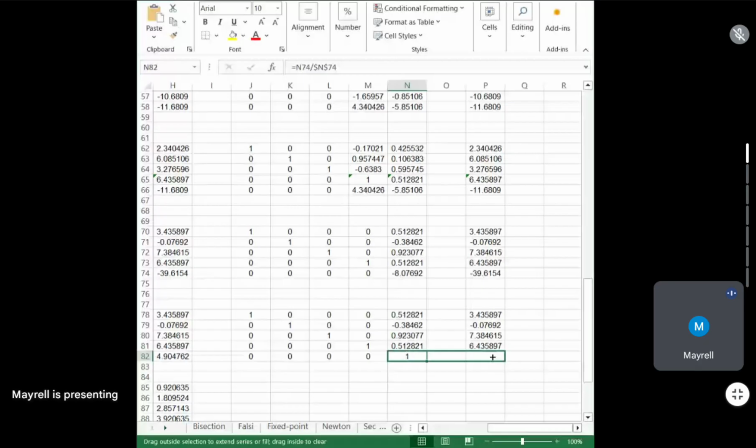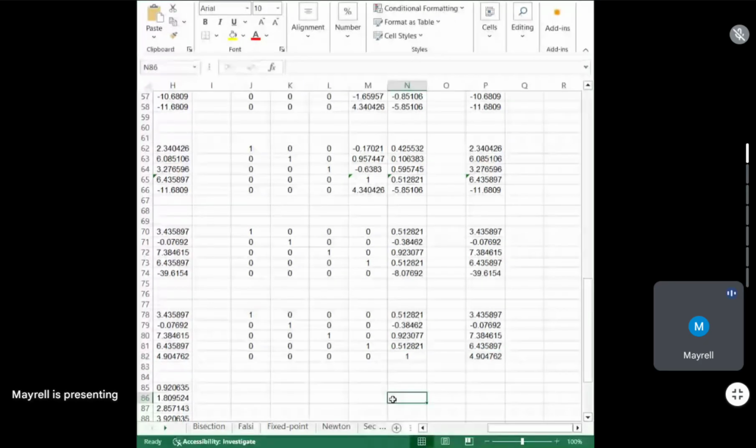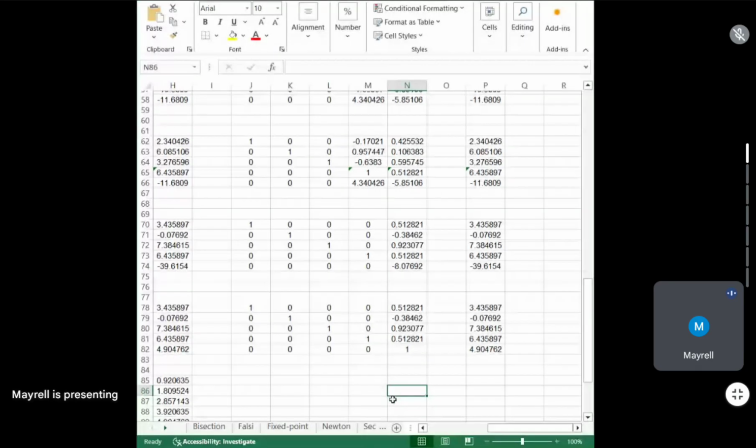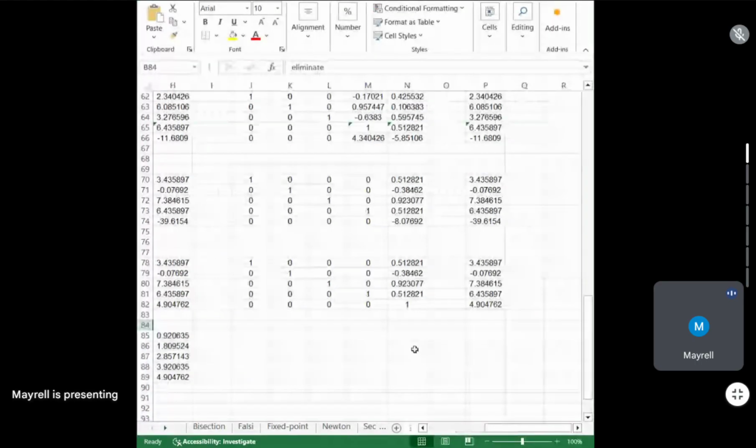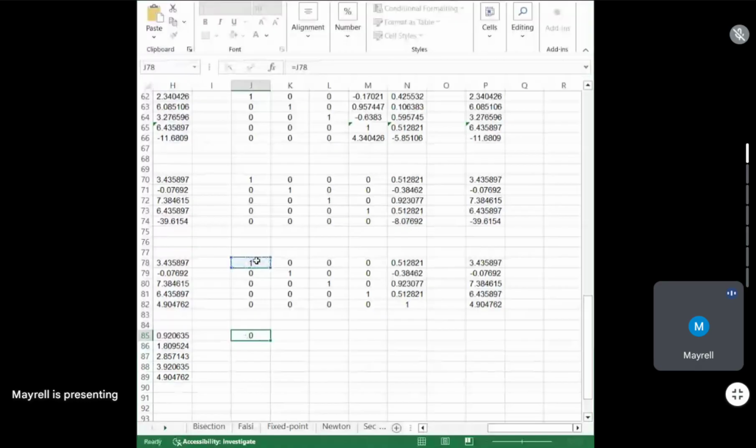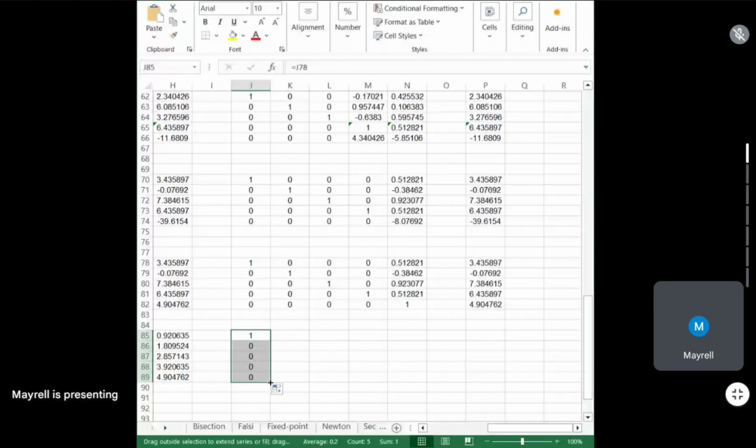So lastly, we are going to eliminate values in column 5, above A55. We can copy the first 4 columns. Okay, that's the first 4 columns. You can also copy row 5.